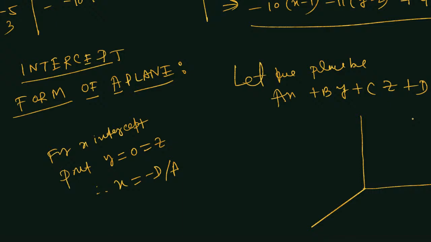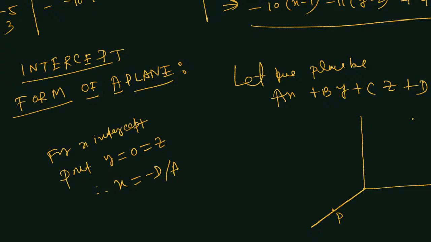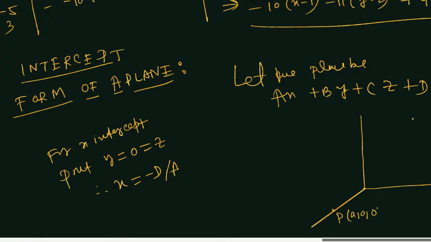If I take those 3 points on the plane as A, B, and C, this is the y axis.